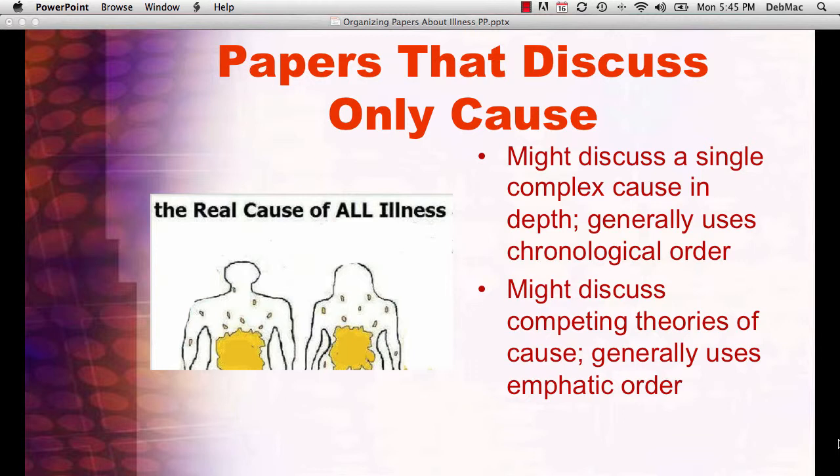Usually you would discuss the cause that has the least data supporting it first, and the cause that has the most data supporting it last. So if you are discussing only causes, depending on which of these two situations you're running into, you should view the video on chronological order or emphatic order.